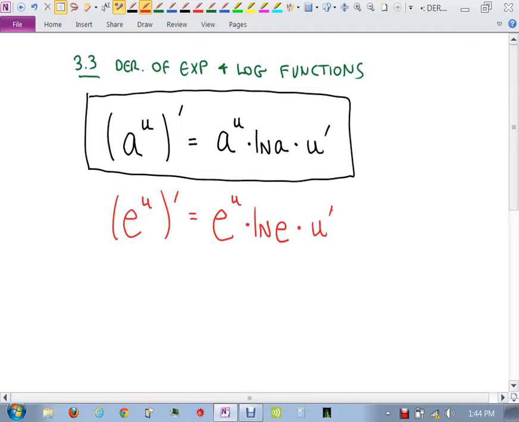But what is the natural log of e? 1. So this just turns out to be e to the u times u prime. So you could kind of say it like this. The derivative of e to the junk is e to the junk times the derivative of the junk. Right? That's what it is.